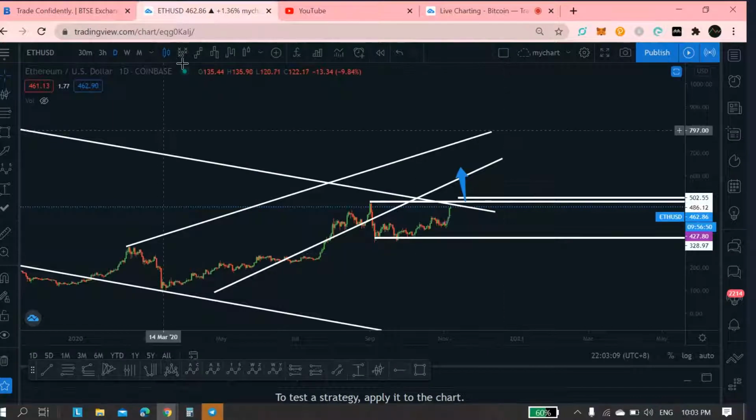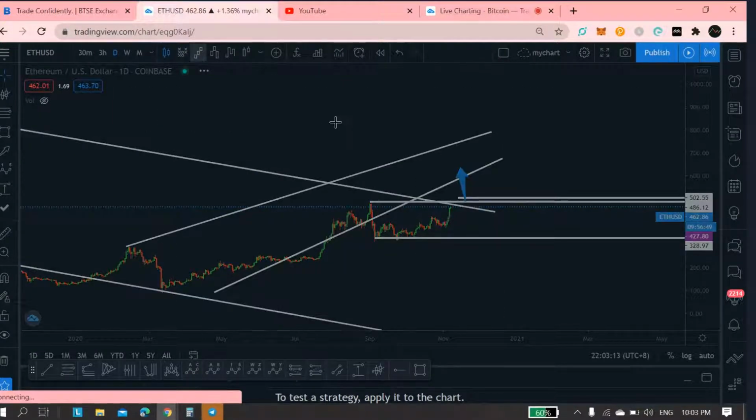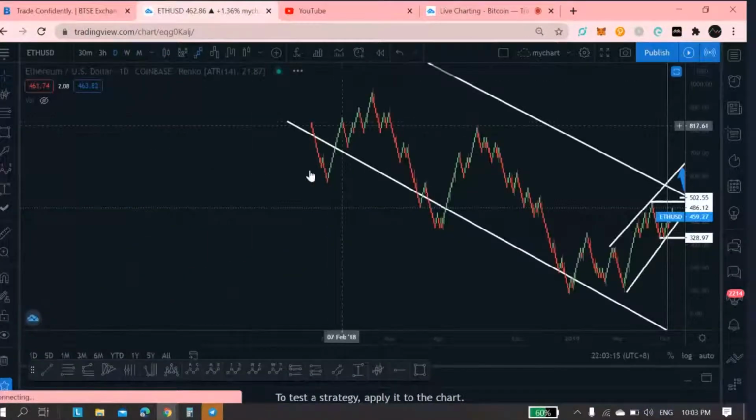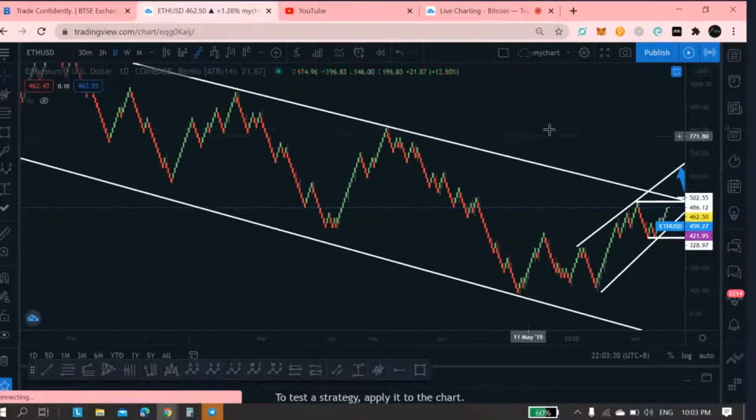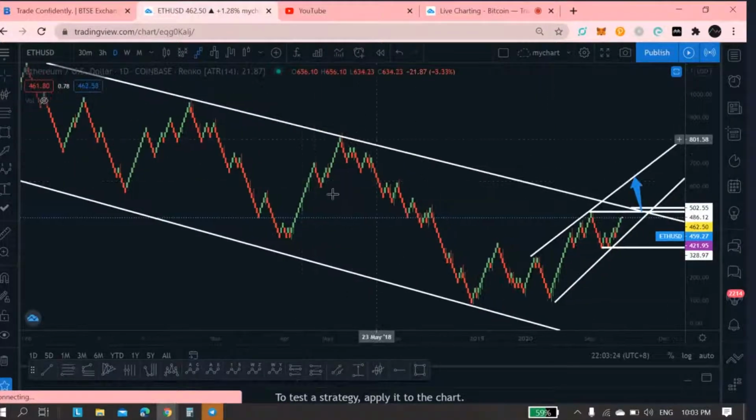So there you go, guys. If you have some questions, just feel free to ask. I will change it again to Renko chart. The key thing here is for it to break this long-term downward channel, though short-term uptrend channel.